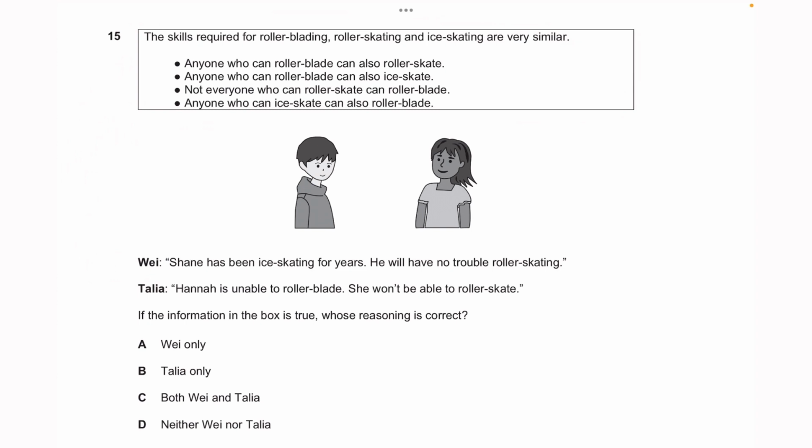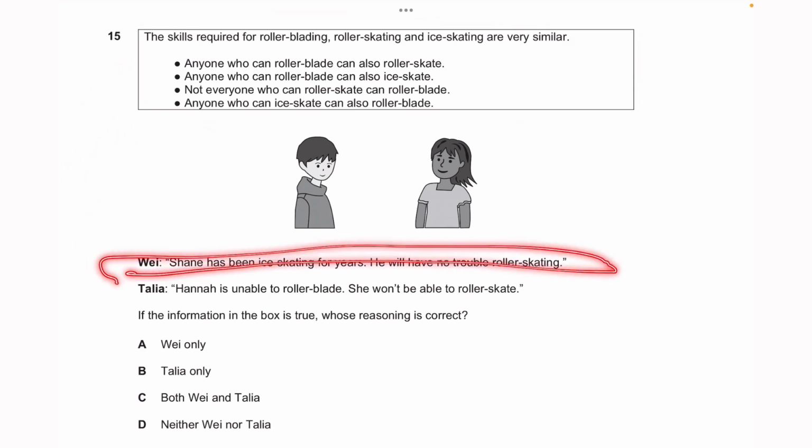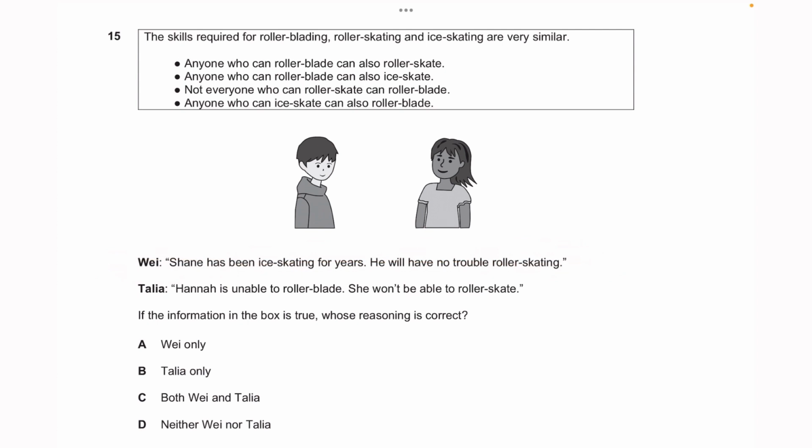So let's slowly look and analyze each person's opinions and then see if they're correct or incorrect based on this information up above. Okay, so we know that we need to first understand this information here. So we know that rollerblading, roller skating, and ice skating are very similar. Now we've got all these points here. It says anyone who can rollerblade can also roller skate.